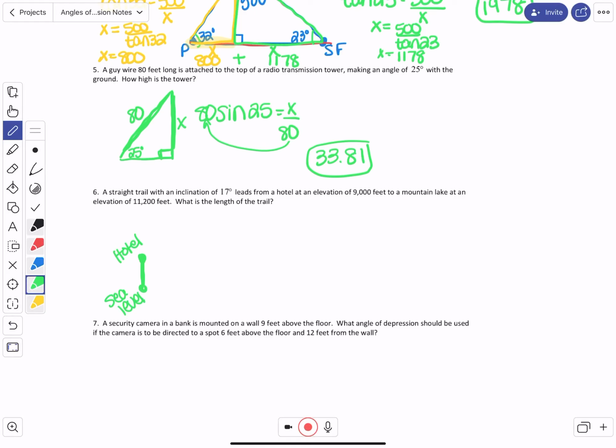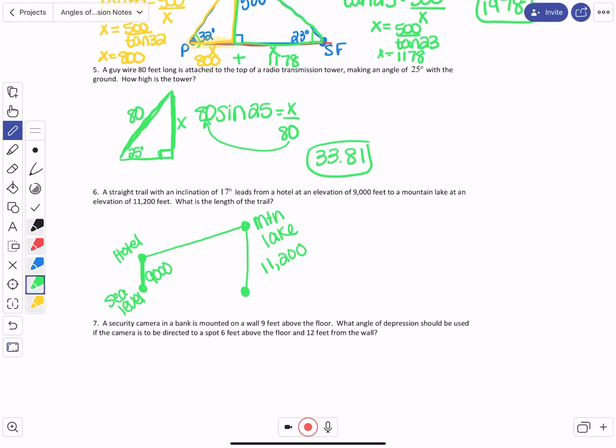The hotel is at an elevation of 9,000 feet. And then you have a mountain lake at an elevation of 11,200 feet, with this trail leading up to it.